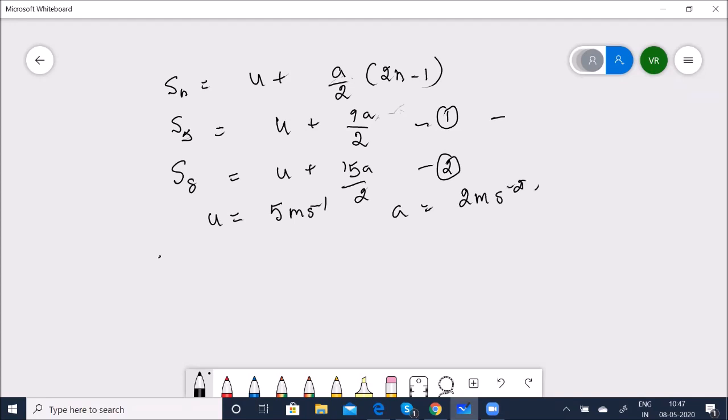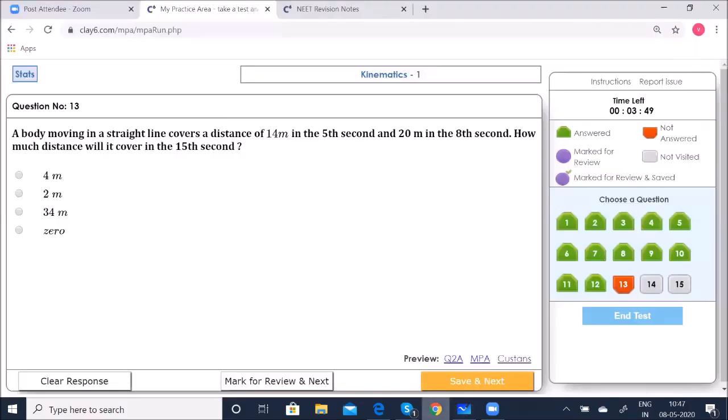Now substitute that in S15, that gives you U plus 29a by 2, since 15 twos are 30, 30 minus 1 is 29. Substitute, we know U, we know A, that gives you 5 plus 29 into 2 by 2, which gives you 34 meters. Let's see which option is correct. Option C is correct. Save that, go to the next.